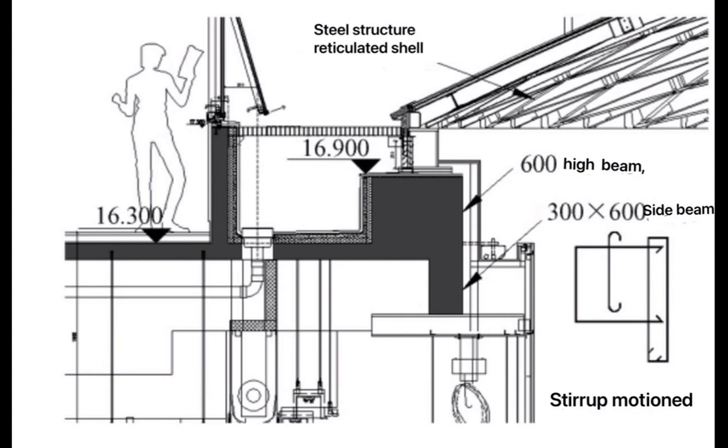Because the legs of the reticulated shell are denser and the embedded parts are larger inside, concrete is placed under the column foot, connected to a 600 mm high circular reverse beam. This is integrated with the normal 300 multiplied by 600 side beam.